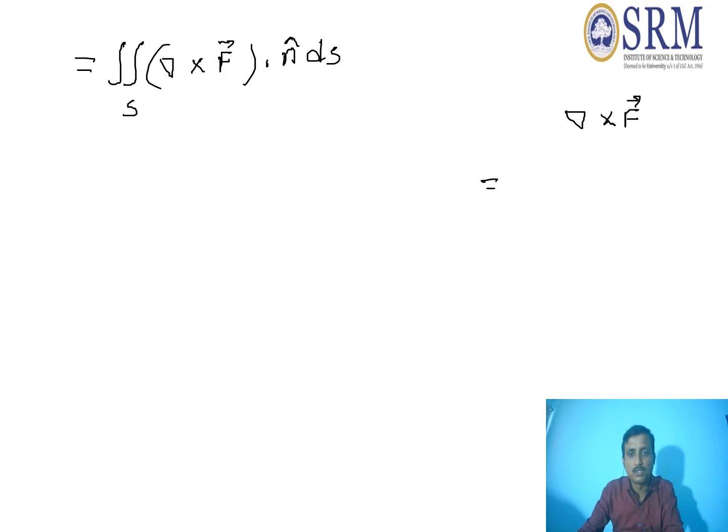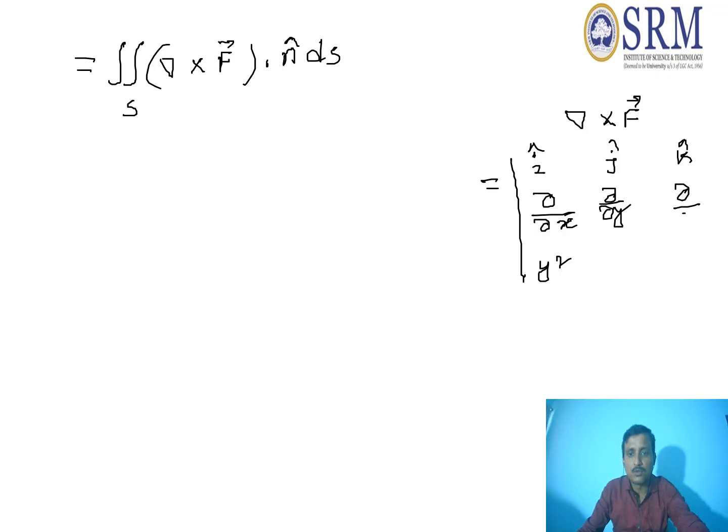Basically it is the determinant. Okay, so it is i, j, k in the first row. Then the partial derivative operators: dou by dou x, dou by dou y, and dou by dou z.